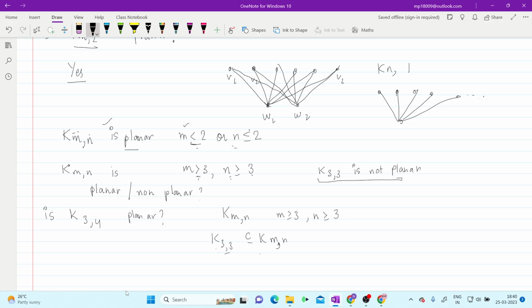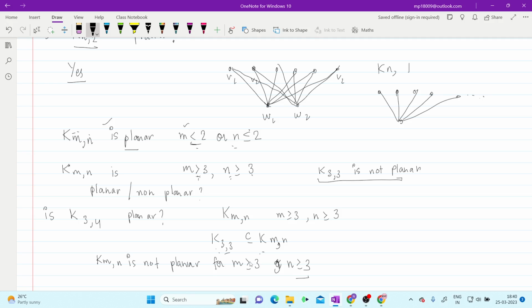And since K33 will be a subgraph of this, we can say that K_{M,N} is not planar for M greater than or equal to 3 and N greater than or equal to 3.